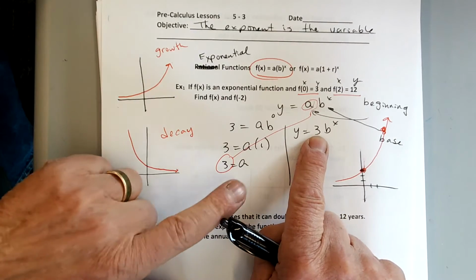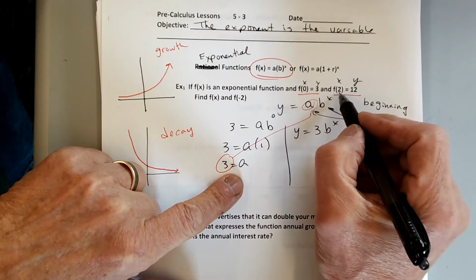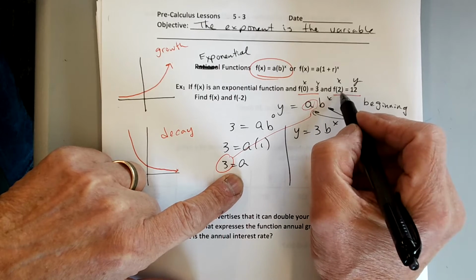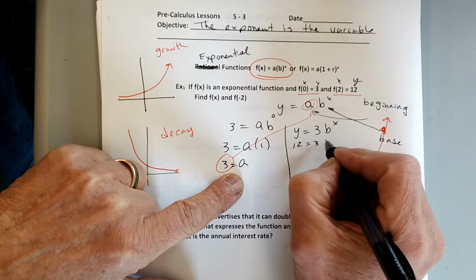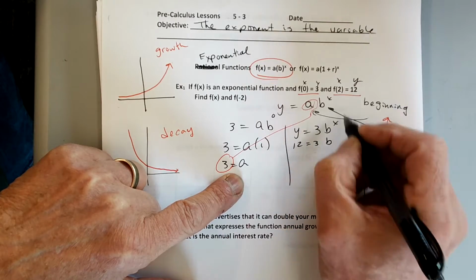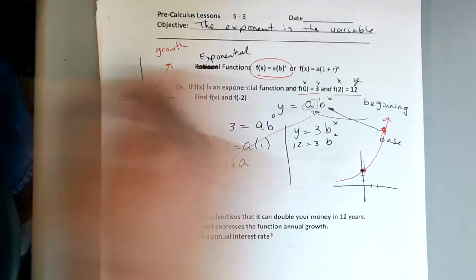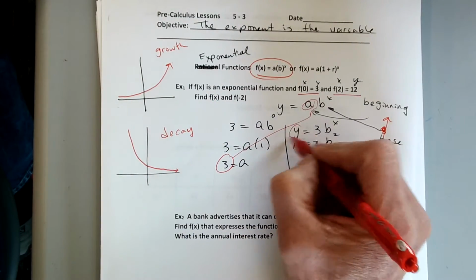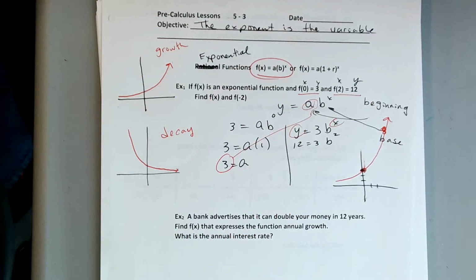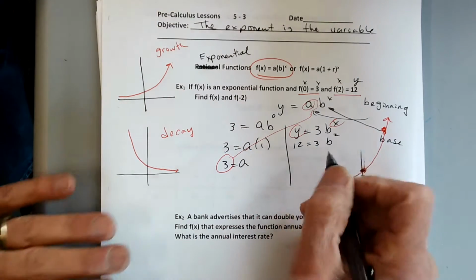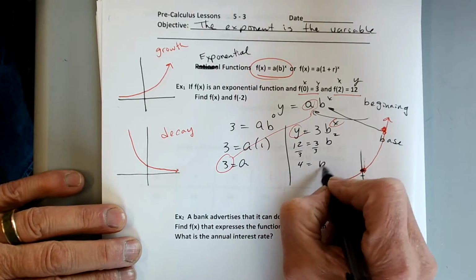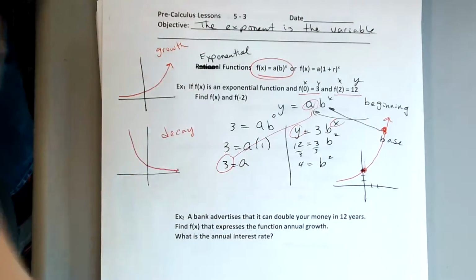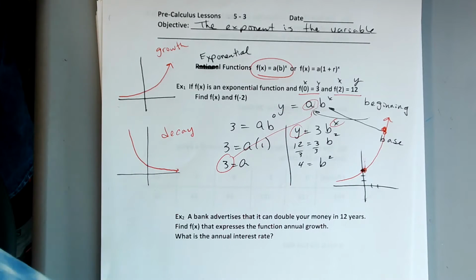I've got a point 2, 12, 2 is my x value, 12 is my y, so 12 equals 3 times b to the 2 power. I'll divide by 3, and I'll have 4 equals b squared, and then you should be able to tell me what b is. Square root, b's got to be 2.